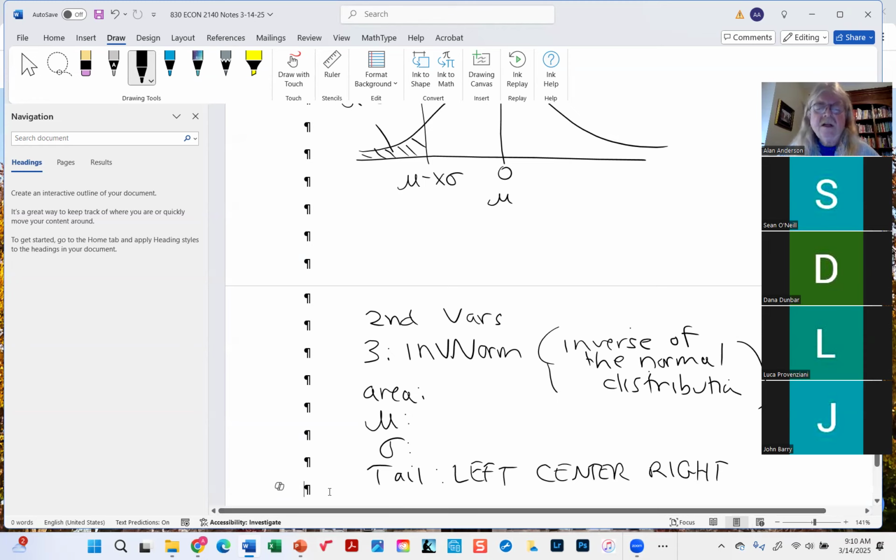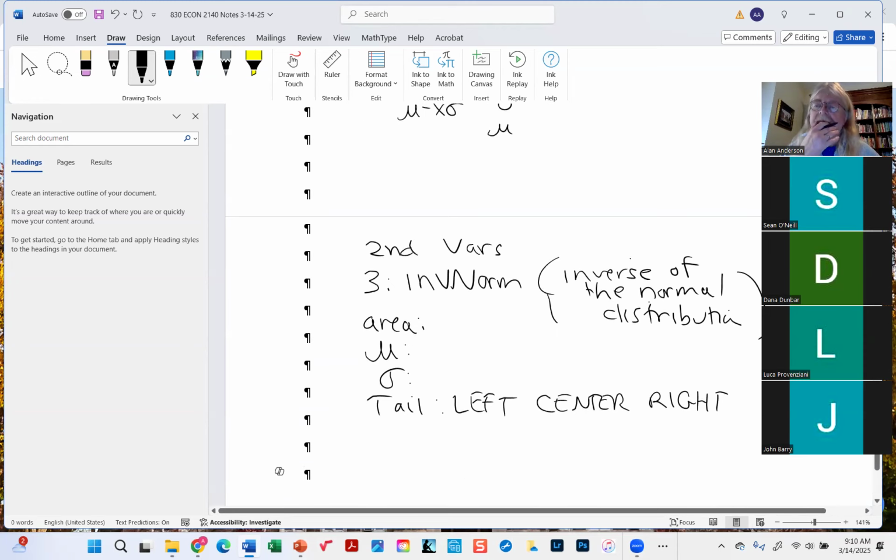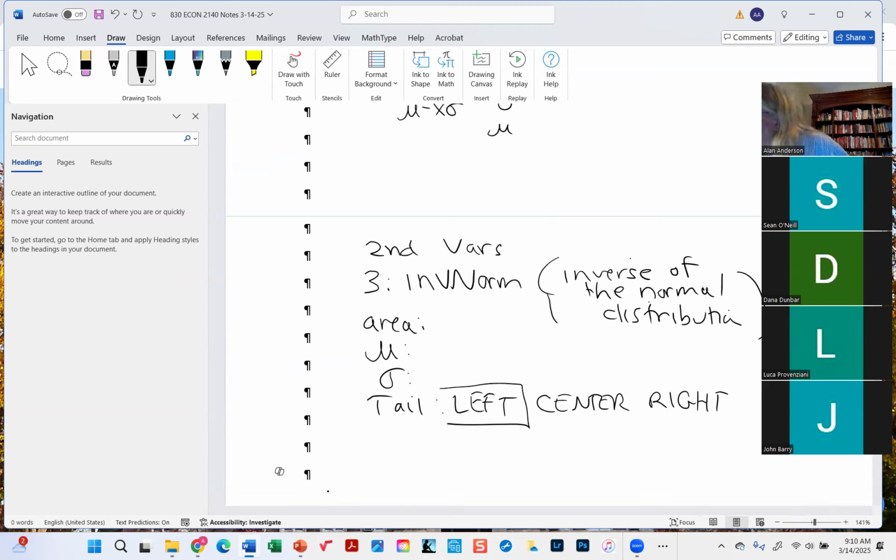Now, if your calculator does not show the tail command, it is assuming that you mean left. So if yours does show the tail command, move it to left so that we're all doing the same thing. Actually, I don't think you can do this until you fill in the other information first. But when we get to the bottom, we're going to all change it to the left tail. So no matter what calculator you're using, we're all doing the same thing.